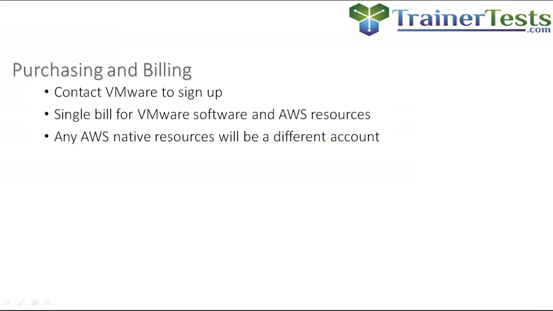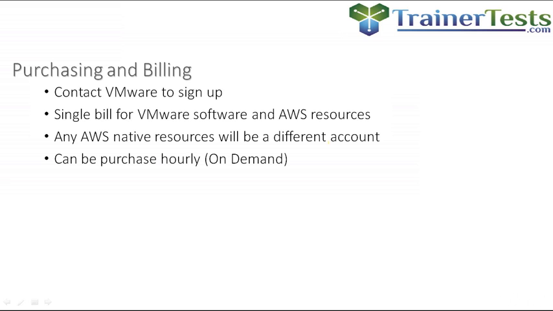So what VMware is going to bill you for is all of their software running on top of the AWS physical resources. But if you're running things like RDS or EC2 instances or S3 or stuff like that, that's going to be a separate account, separate bill. And that bill will be from AWS.